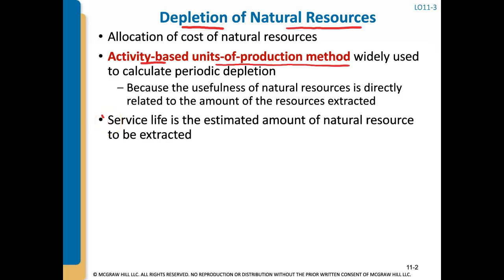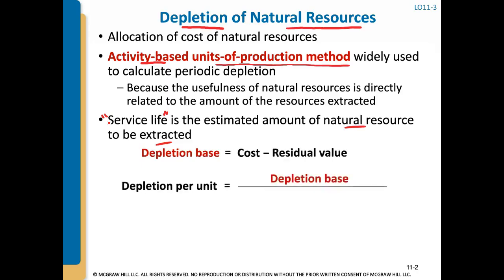So what we call the service life is going to be the amount of natural resource that we expect to be extracted over the lifetime that we have that natural resource. So similar to straight line depreciation, our numerator is going to be our cost minus residual value, and that's called the depletion base.